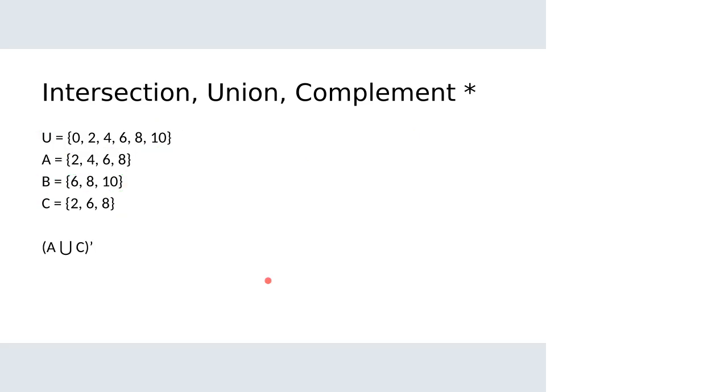All right, let's try another one. Same sets. Now we have parentheses involved. Parentheses do the same thing in set theory that they do in algebra. They say you have to do that first. So here, first, we're going to find A union C because of the parentheses. And then after that's done, then we're going to take the complement of that set. I'll make a poll for this, and I'll let you try it.